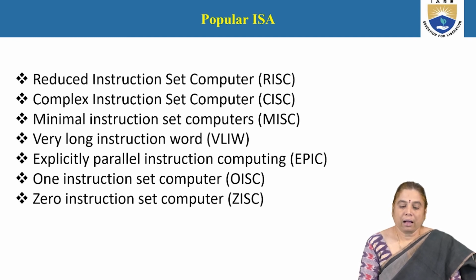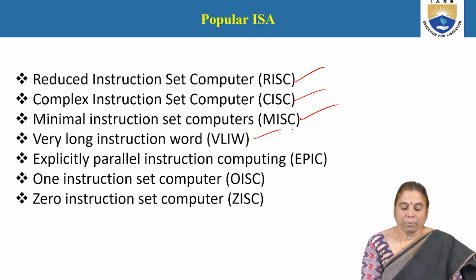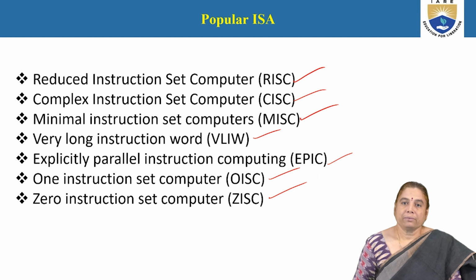Popular ISAs are reduced instruction set computer RISC, complex instruction set computer CISC, minimal instruction set computer MISC, very long instruction word VLIW, explicitly parallel instruction computing EPIC, one instruction set computer OISC, zero instruction set computer ZISC. So these are the popular ISAs available in the market.